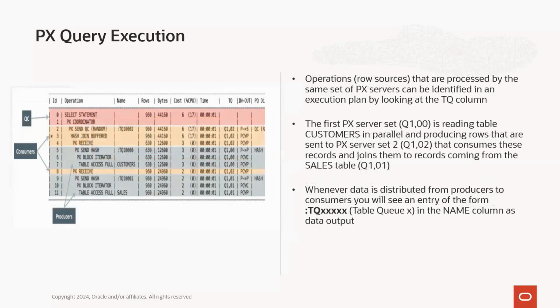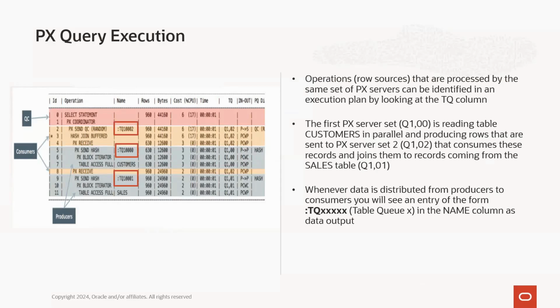If we check further in detail how it looks and what the operations are, the operations that are processed by the same set of PX servers can be identified in an execution plan by looking at the TQ column. In the TQ column, we can see values like Q100, Q102.